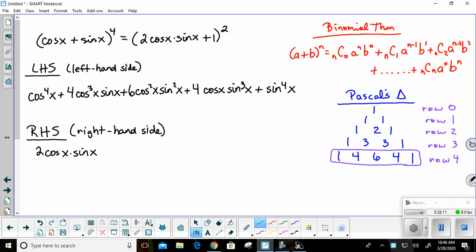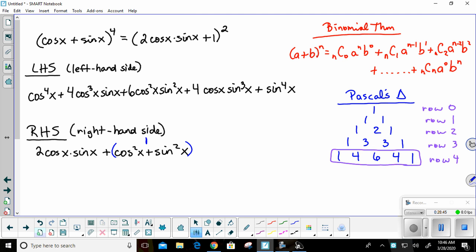Since I don't have any single numbers on the left-hand side here, I'm replacing that number 1 with that trig identity, cosine squared plus sine squared. So this part right here was the number 1, and I replaced it with the trig identity.